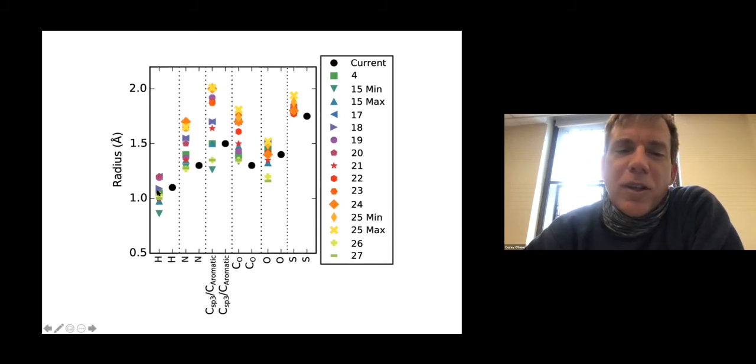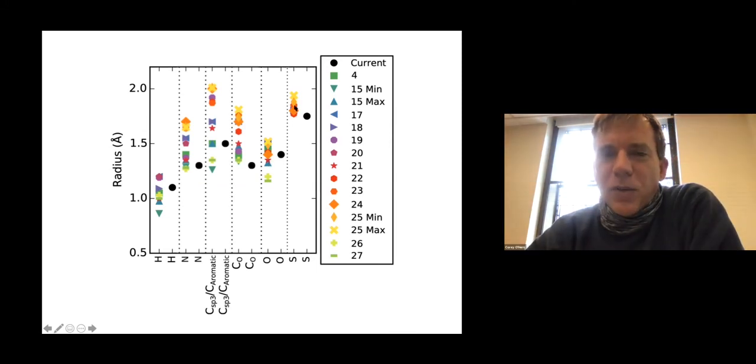For example, I'm just going to pick one randomly. The hydrogen is 1 angstrom, the nitrogen is 1.5 angstroms, non-carboxyl carbons are 1.8 angstroms, carboxyl carbons are 1.5 angstroms, the oxygens are 1.4 angstroms, and sulfur is 1.8 angstroms.